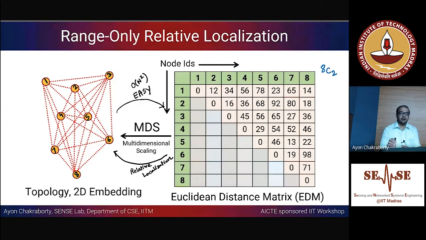This problem is not very trivial, because think about it, not all the EDMs could be just given a random matrix. You won't be able to do it, because it might not be, first of all, a valid EDM, right? For being a valid EDM, you have to satisfy all the triangular inequalities, for example. So these are the nodes that actually have certain coordinates.